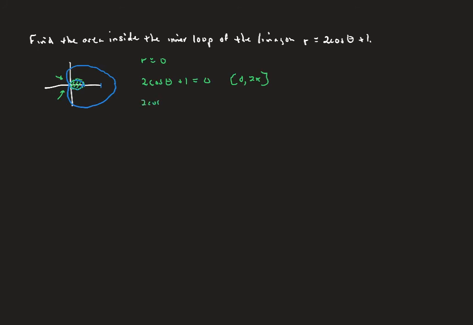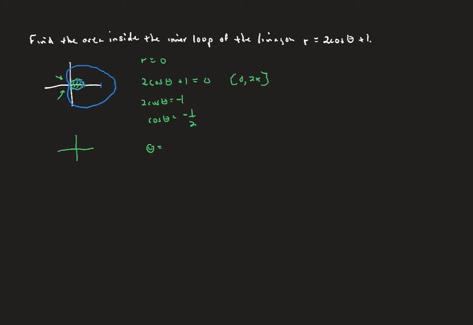As we used to do back in our AP prep days quite regularly, we'll get cosine by itself. Cosine is a half at pi over 3, as our reference angle.